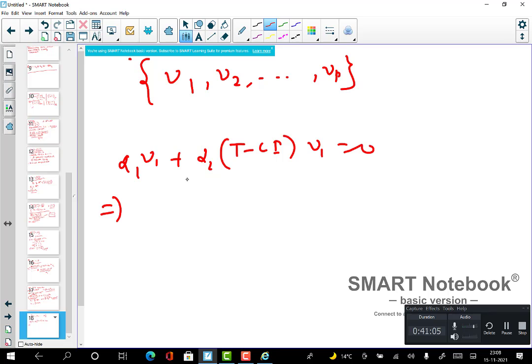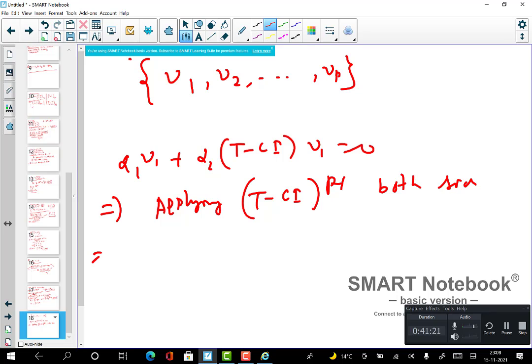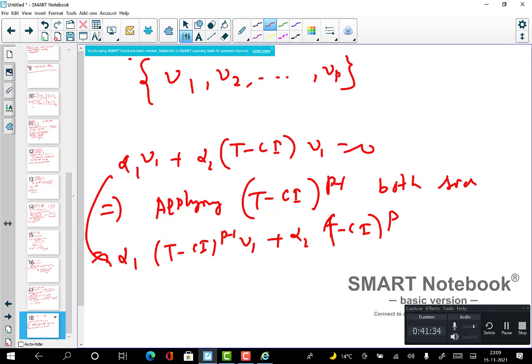You can apply the operator T minus Ci power P minus 1 to both sides. Then this equation becomes alpha 1 times T minus Ci power P minus 1 of V1 plus alpha 2 times T minus Ci power P of V1 equals 0.